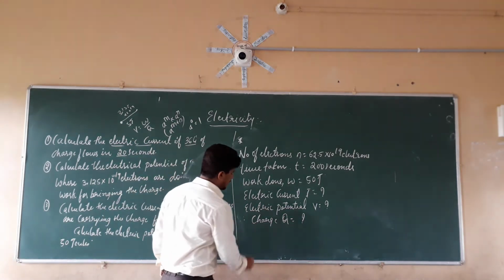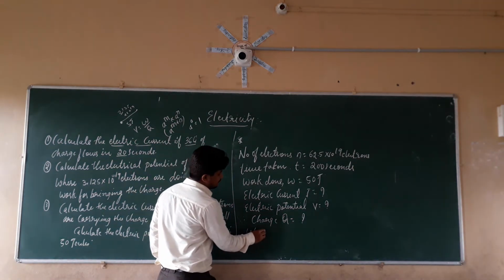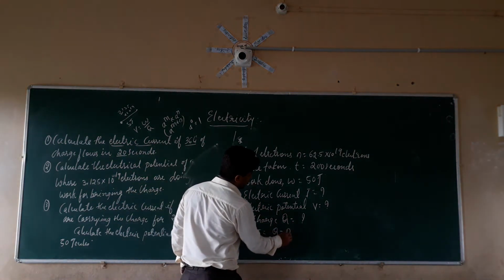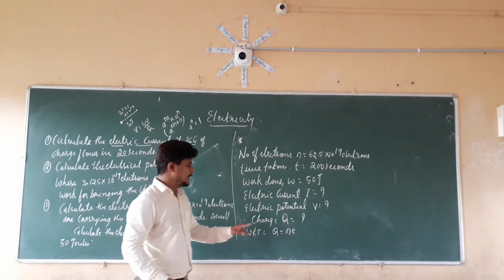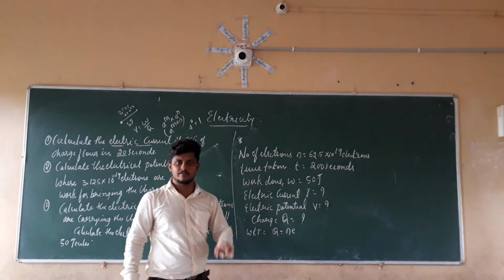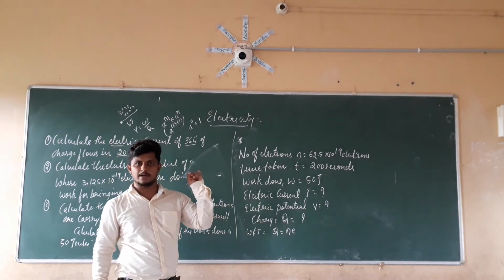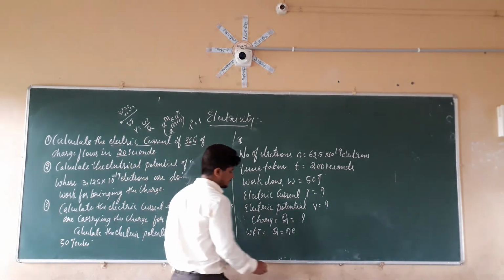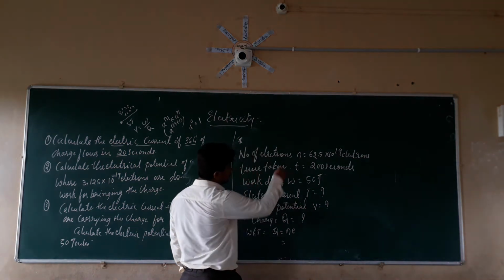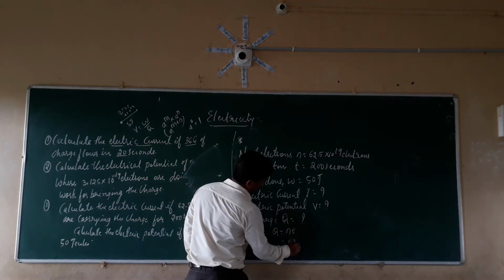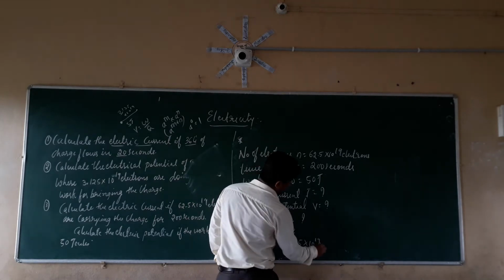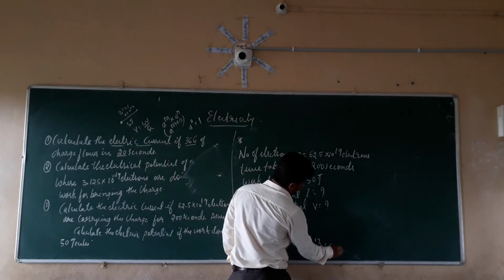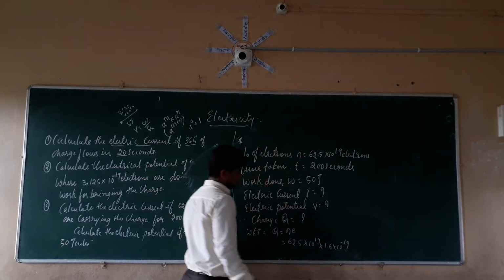We know that the formula for Q is Q equal to N into E, where N is the number of electrons, and E is the charge of one electron, which is equal to 1.6 into 10 raised to minus 19 coulombs. N is given here as 62.5 into 10 raised to 19, and E is 1.6 into 10 raised to minus 19.